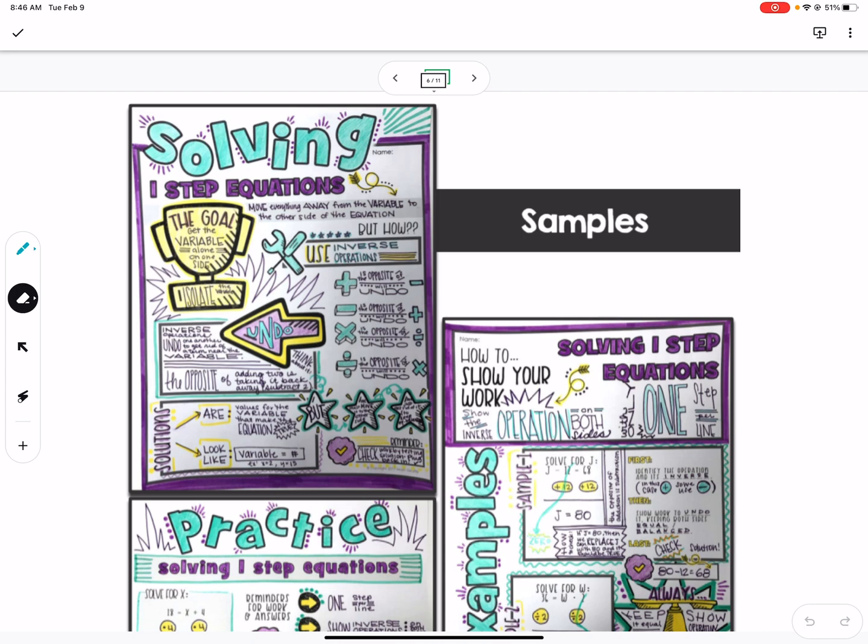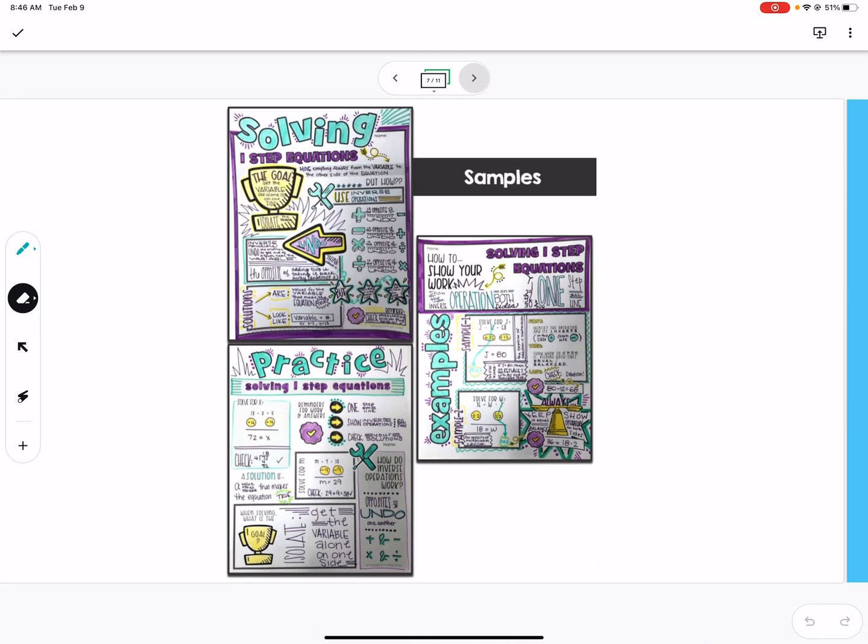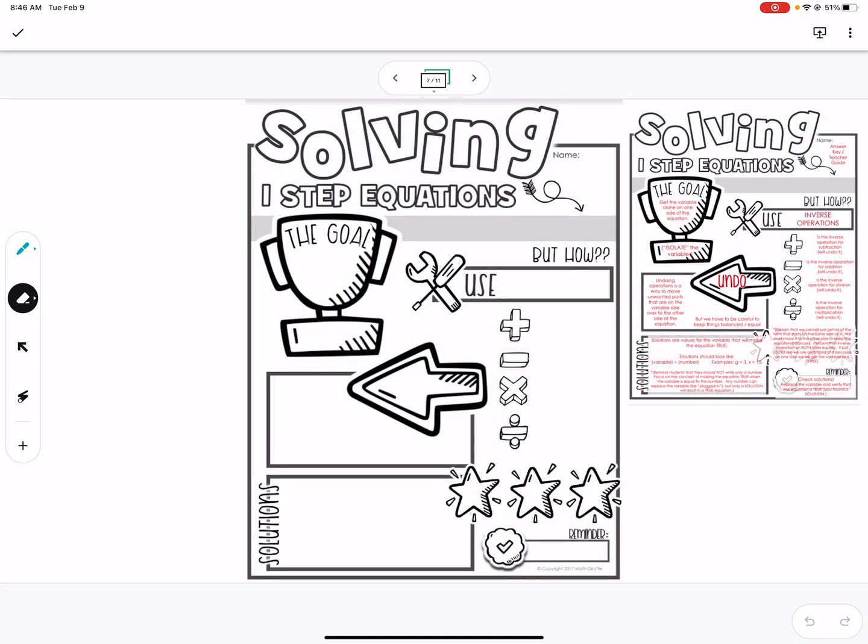This would, I think, take maybe 2 whole class periods to do. But these are the answers. So on the next 3 pages, you have a blank sheet which cannot be moved. This is your blank sheet in the middle there. And this one right here is your answers.